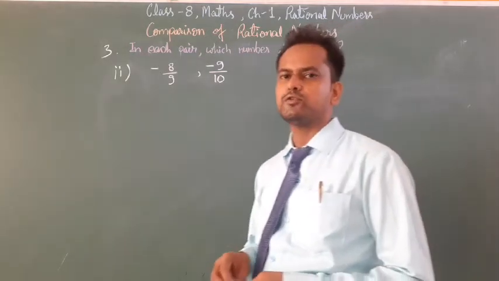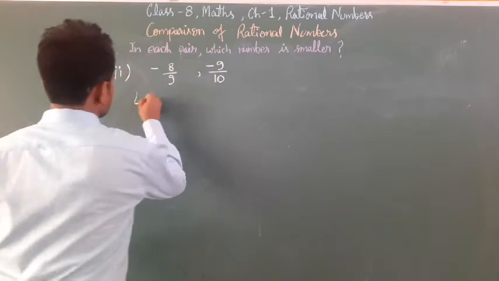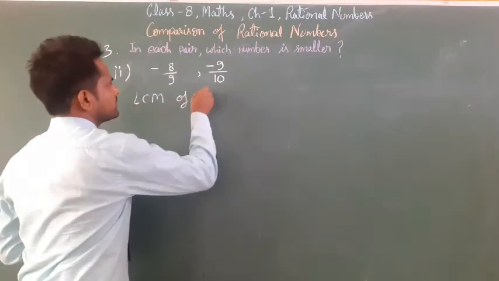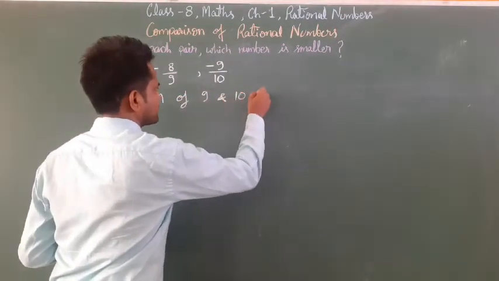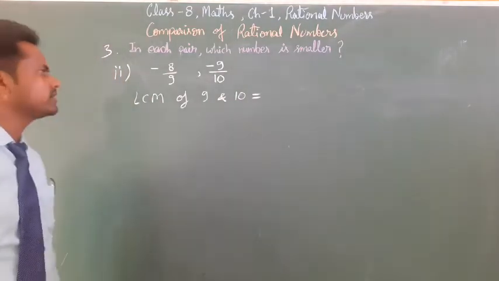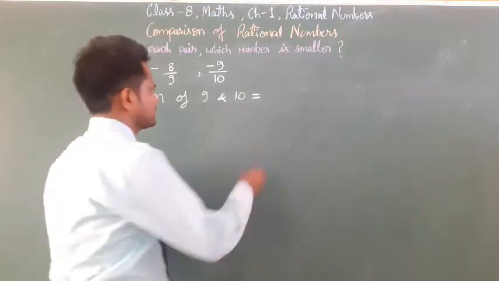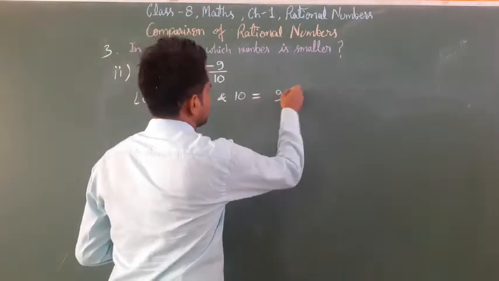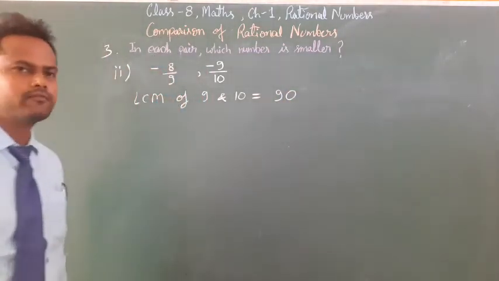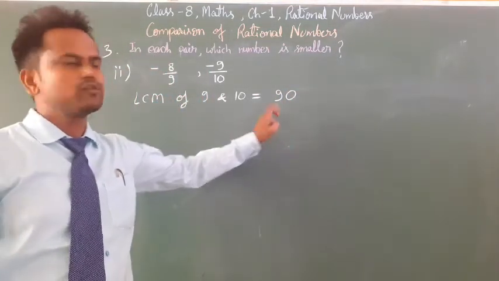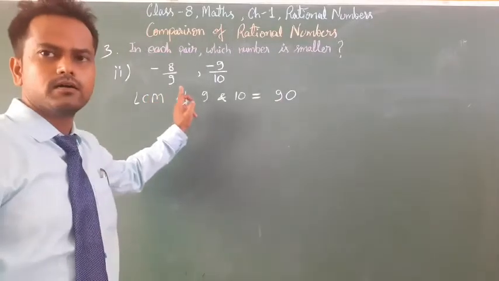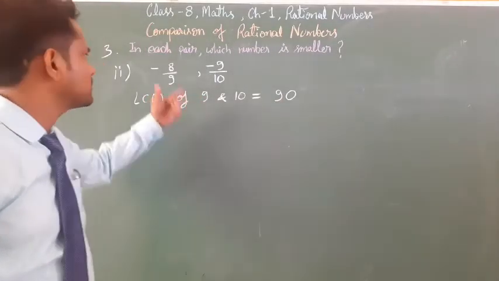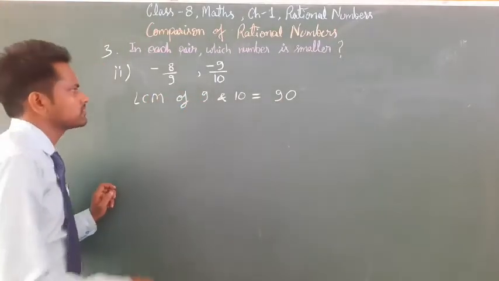So you have to find out the LCM of 9 and 10. The LCM of 9 and 10 will be 90, and you have to make the denominators of both negative rational numbers the same.